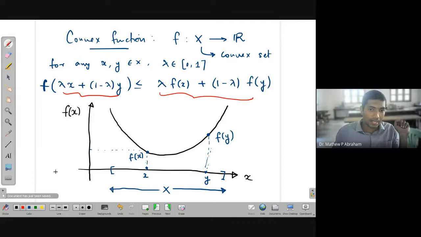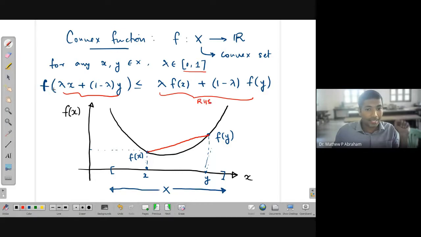You need to draw a line between f of x and f of y, because when lambda equals 0, it corresponds to f of y, and when lambda equals 1, it corresponds to f of x, and for any lambda between 0 and 1, you have the points between f of y and f of x. So this right hand side is actually a straight line connecting f of x and f of y. This is the RHS.